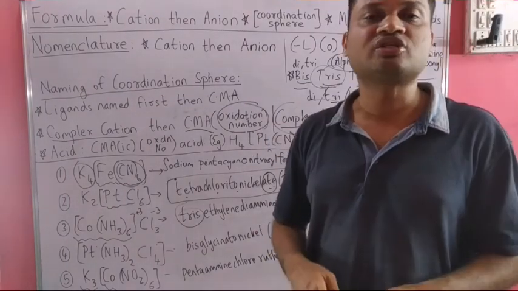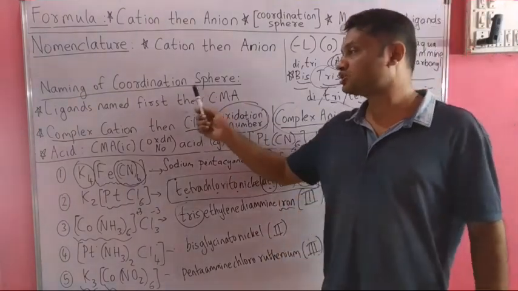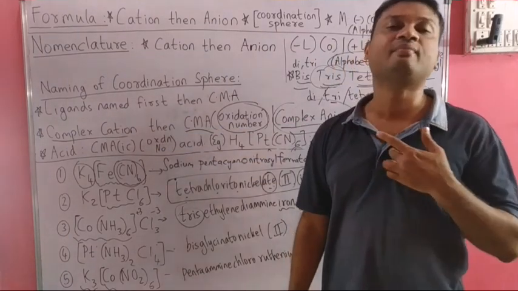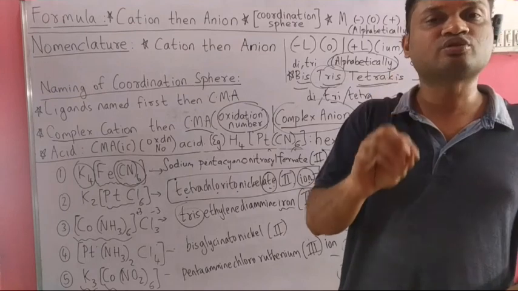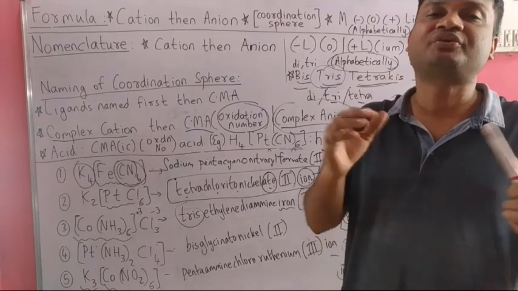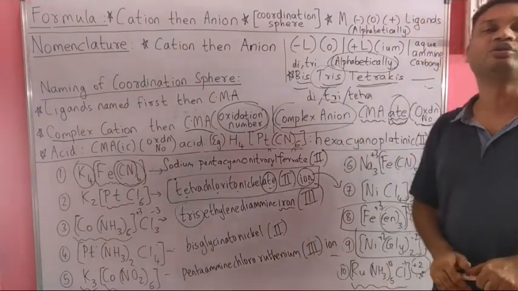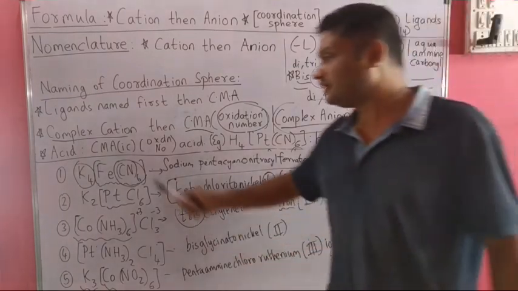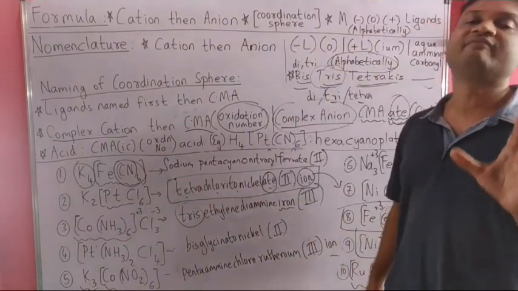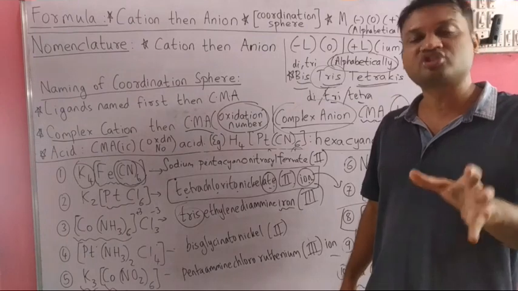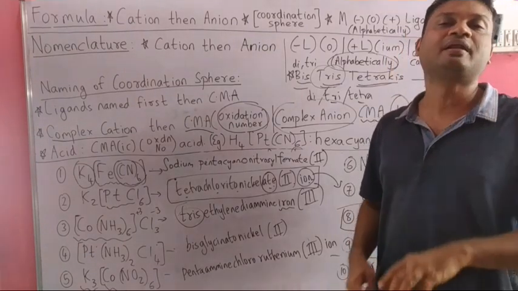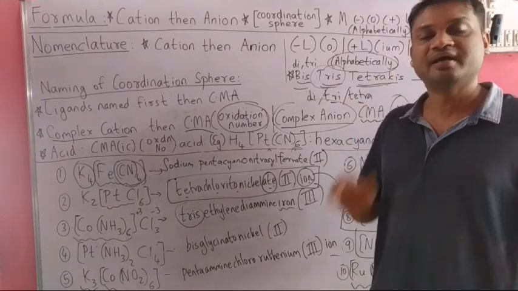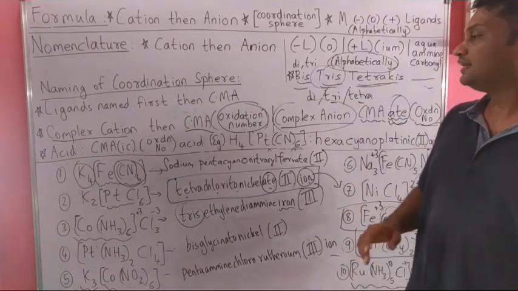So how do we name the coordination sphere? For naming the coordination sphere, we will first write the name of ligands alphabetically. In that we will use the prefix di, tri, bis, tris, tetrakis according to the situation. Then if we have a complex cation, then we'll write the ligand first, then the central metal atom, then the oxidation number of central metal atom in brackets in Roman numerals.